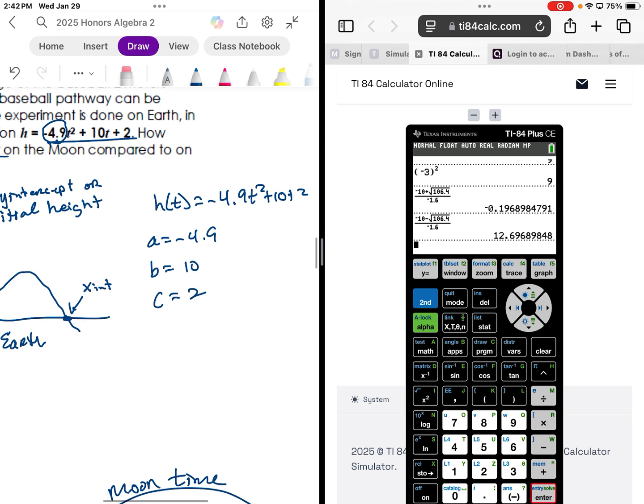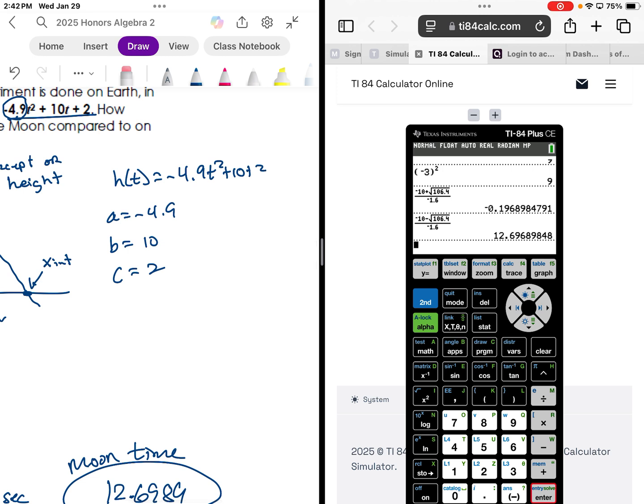Now, we're going to get smarter here. The only thing that changed was the a value. So really, in my formula, we have still negative 10 plus or minus square root of 10 squared minus 4 times negative 4.9 times 2, and that's all over 2 times negative 4.9.